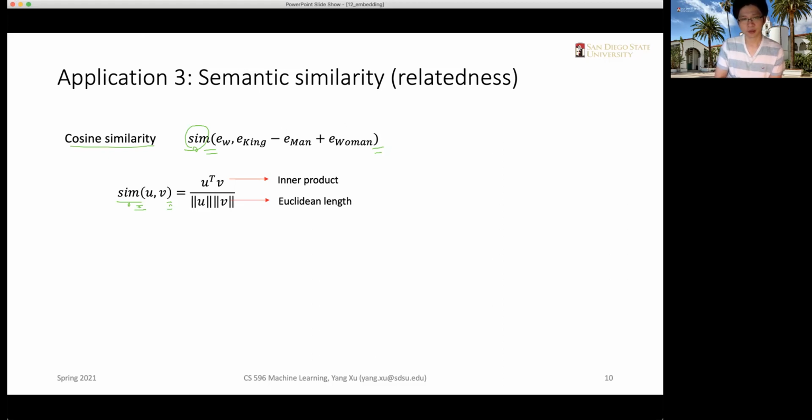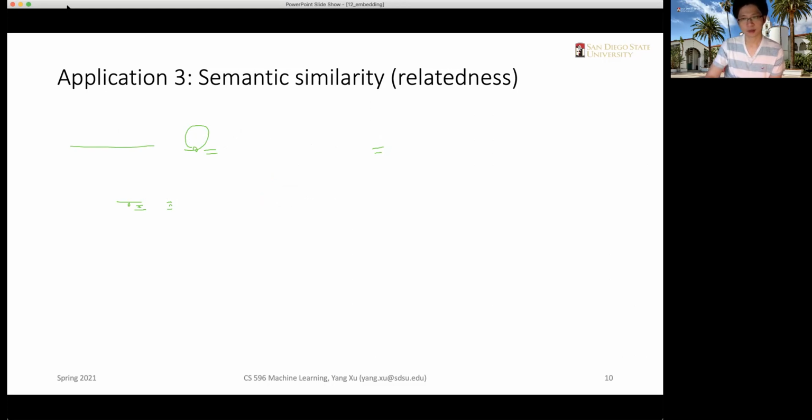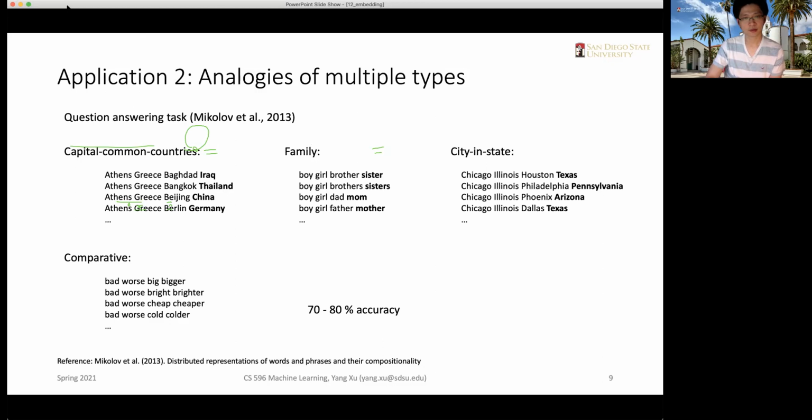Okay, semantic logic in the previous slides. I don't know. It's actually not strict.